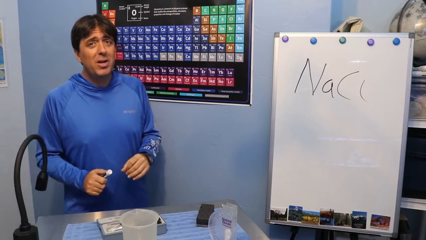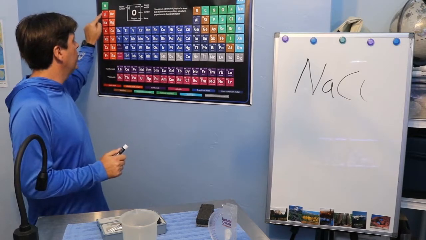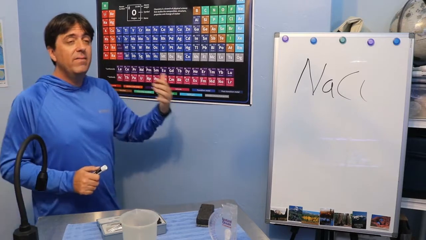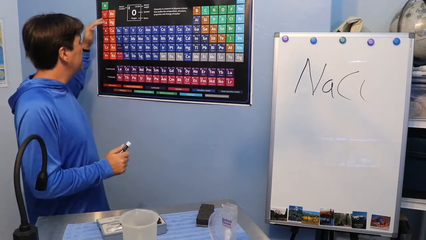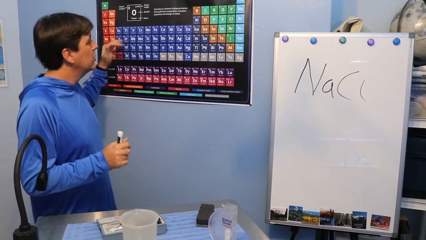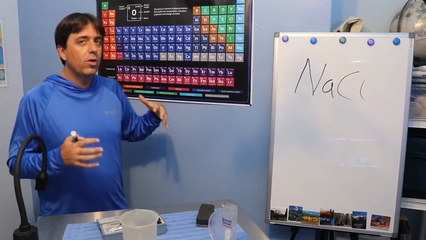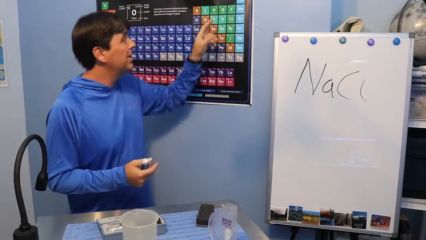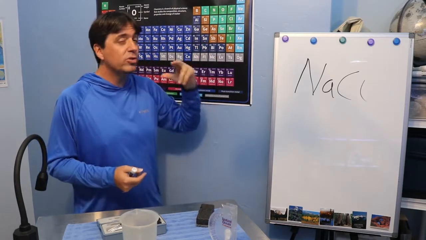So looking at the good old periodic table, sodium is over here in the third period or the third row, and it has one valence electron, which means it's not really very happy. It's wanting to react with things because it wants a full valence shell. Chlorine has 7 valence electrons, but it needs one more to have a full shell.